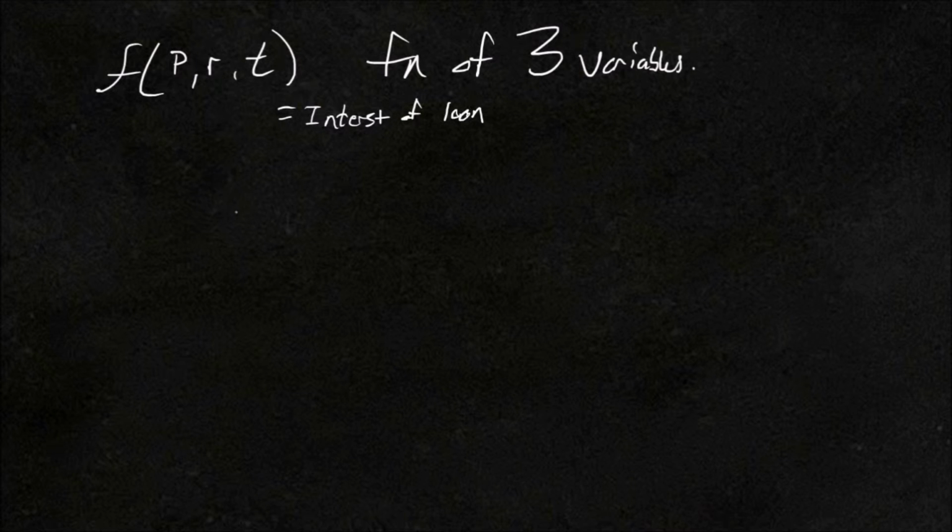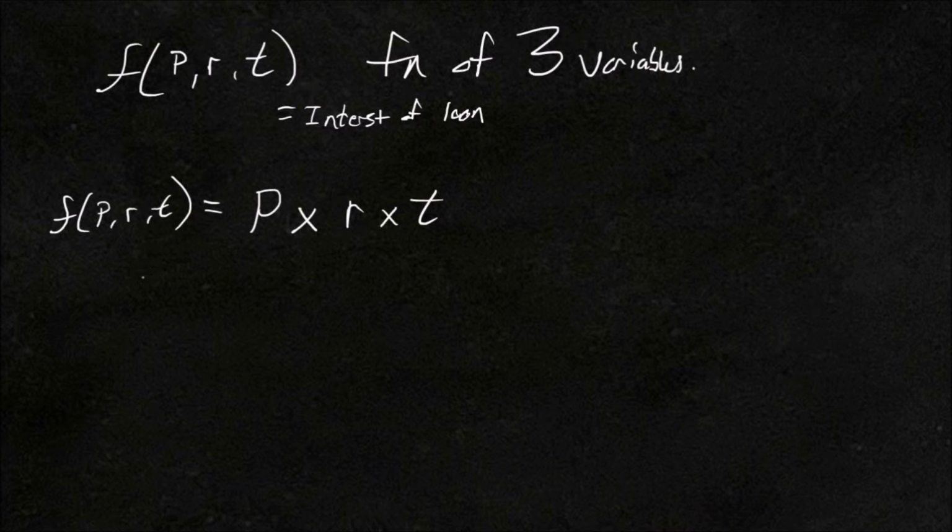And the formula to calculate the interest on a loan would be P, the principal, which is how much money we're borrowing, times by R, the interest rate, times by T, the amount of time we're taking the loan out for. And so a function could be written like this.